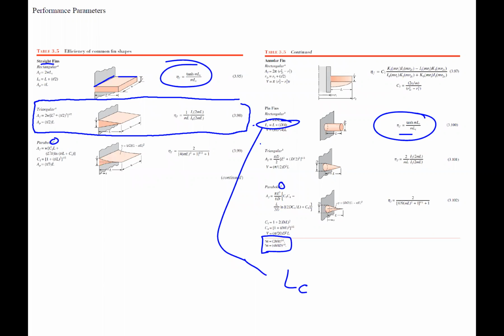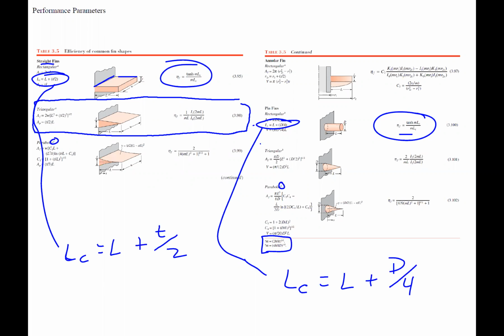It shows Lc is L plus D over 4. And then over here for this straight fin, it shows Lc is L plus the thickness divided by 2. So they're adding a length to it. They're adding this D over 4, and they're adding this thickness divided by 2. This is the thickness in this one, and the diameter in that one.